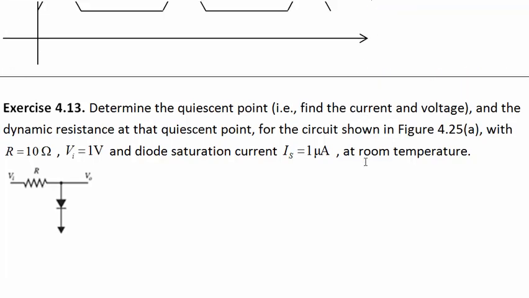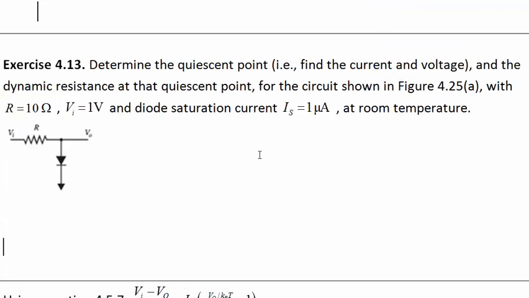Exercise 4.13. Determine the quiescent point, i.e. find the current and voltage and dynamic resistance at that quiescent point for the circuit shown in figure 4.25 with R is 10, V is 1 volt, V in is 1, diode saturation current 1 microamp at room temperature. All right. So the first thing you have to do is find the quiescent point. You can do that graphically or iteratively.